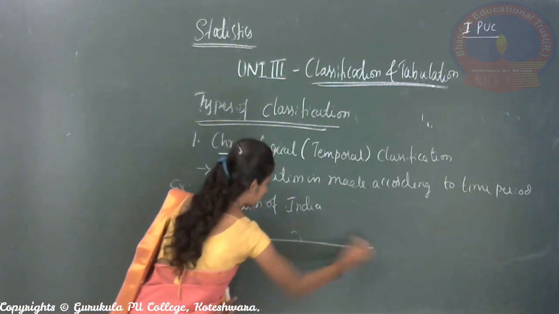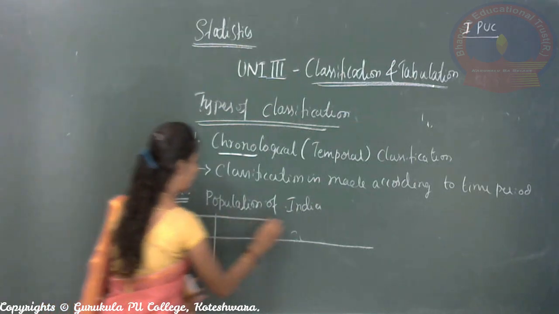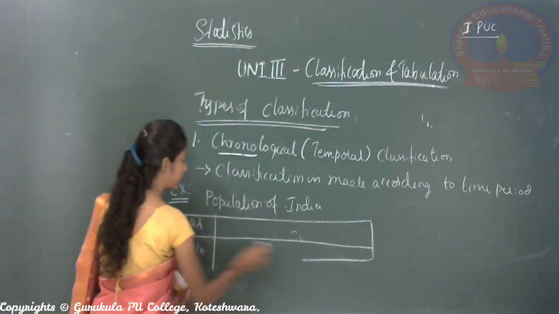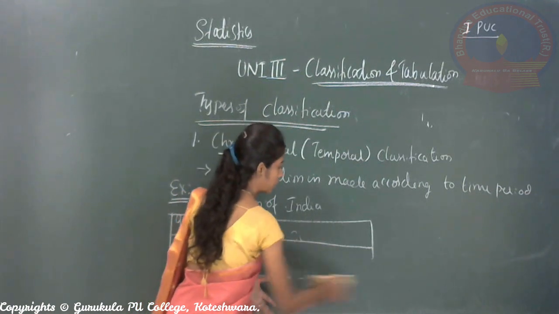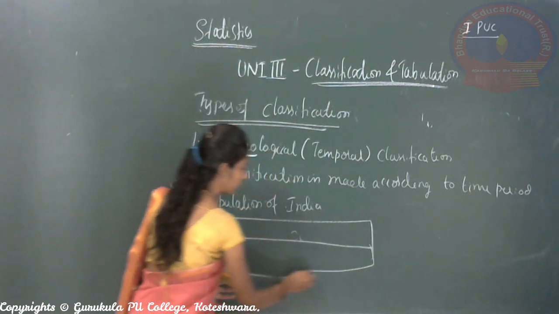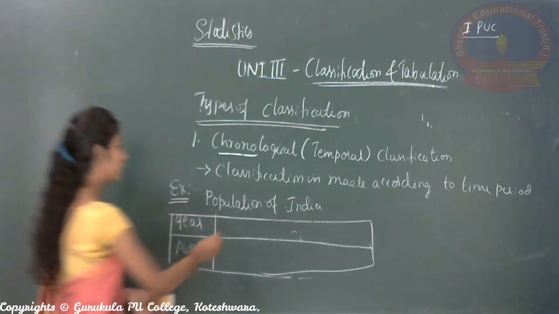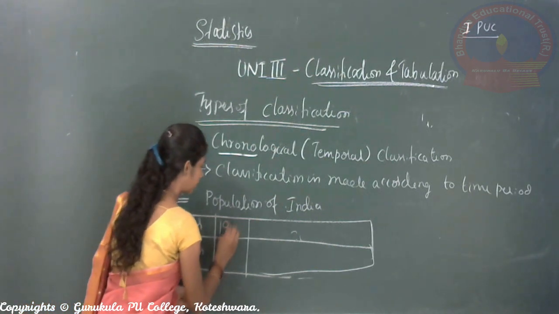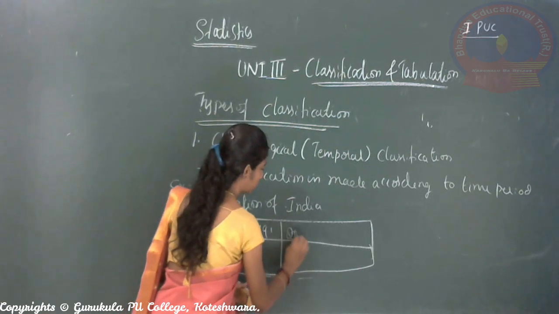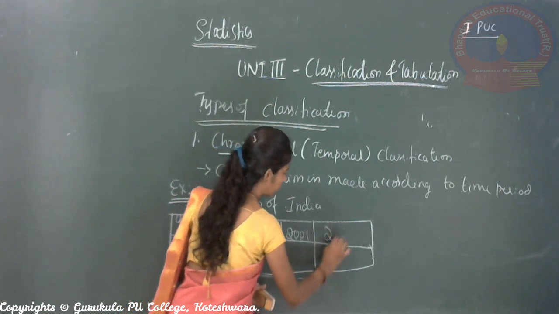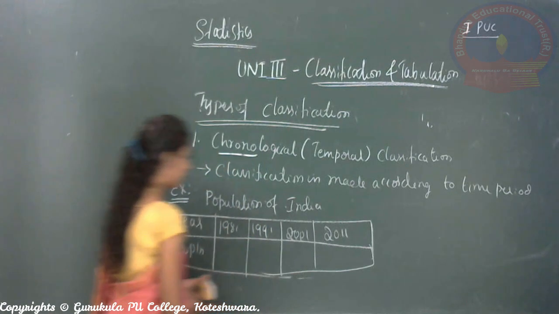So here I can make the classification on the basis of year, that is maybe 1981, 1991, 2001, 2011, like this.